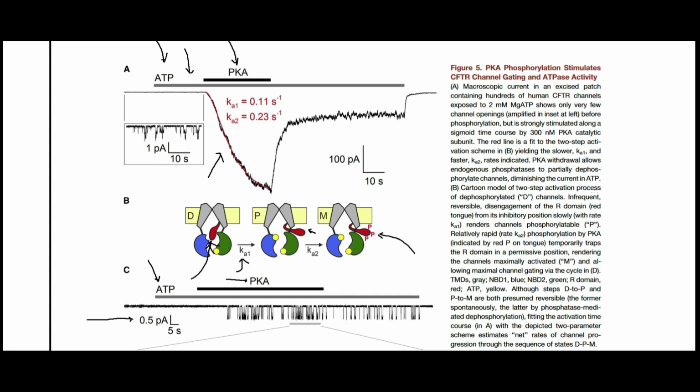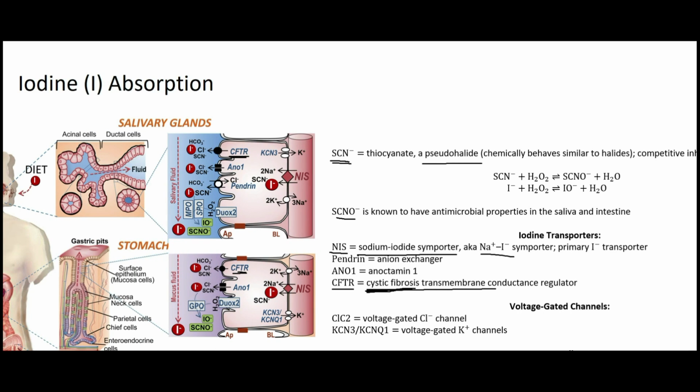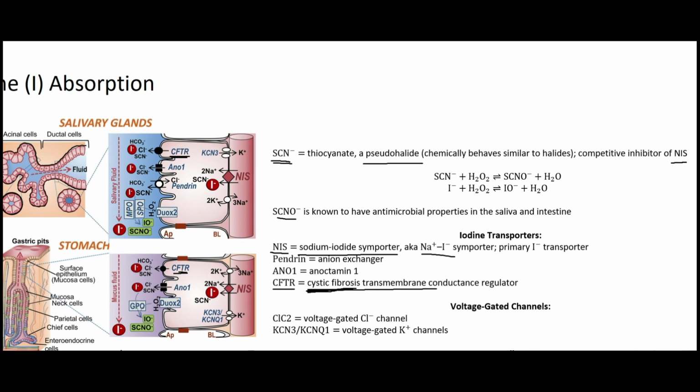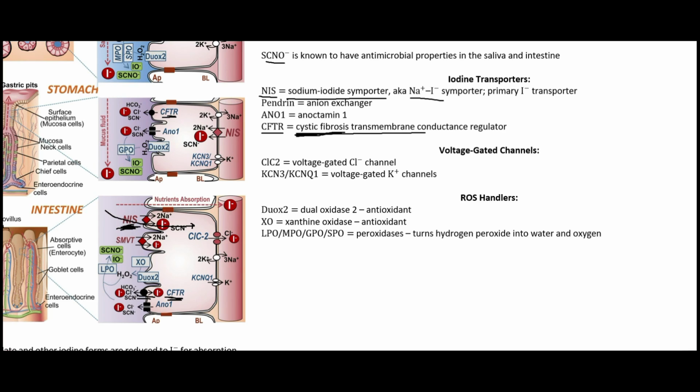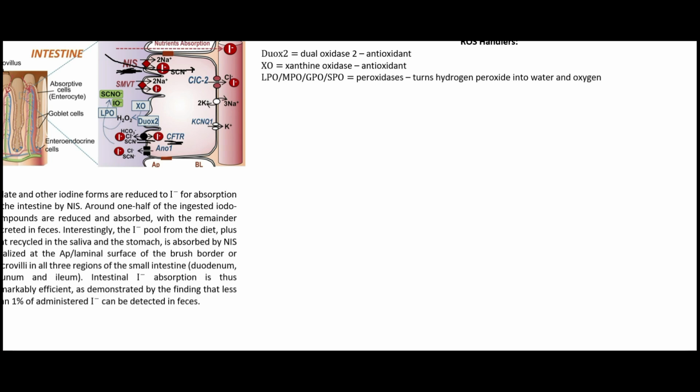But yeah, anyway, those were the two transporters I wanted to look at in this. Once again, the sort of take-home message here is this NIS, this sodium-iodide transporter, is moving iodide into the cell here, and I keep saying iodide because these are reduced.